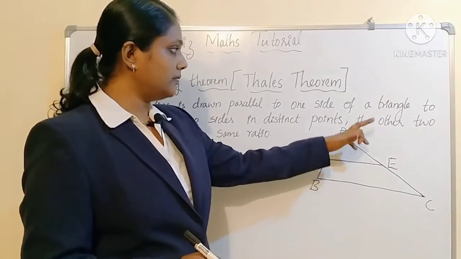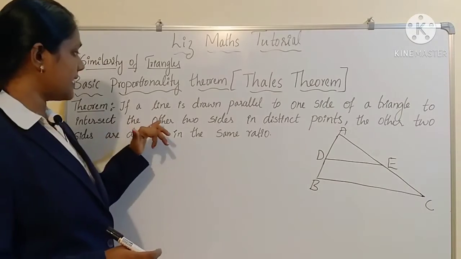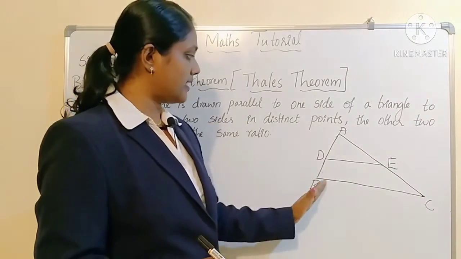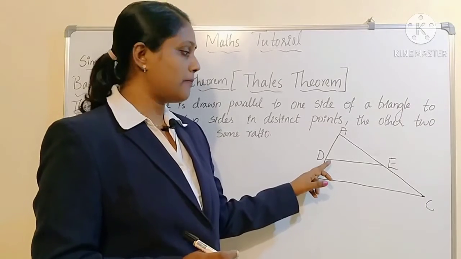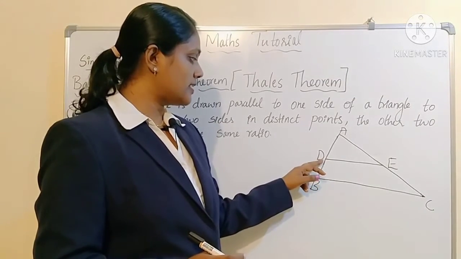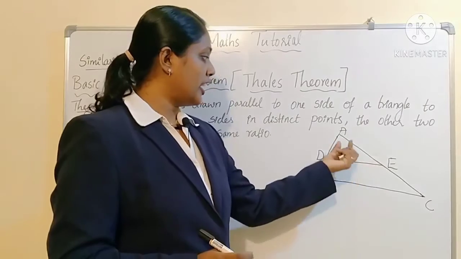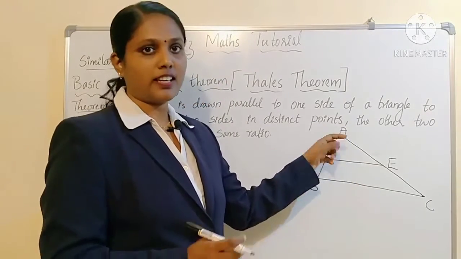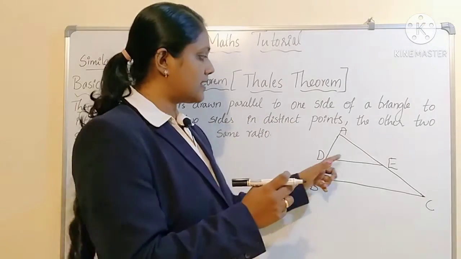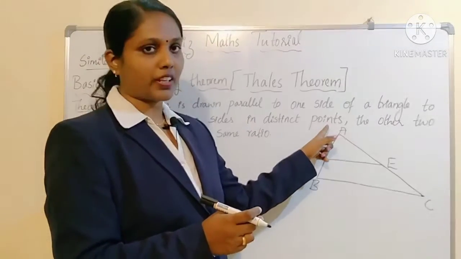That parallel line intersects the other two sides at distinct points, not at the same point. You can see this is a different point and this is a different point. If they were the same point, it would intersect here, but these are different points.